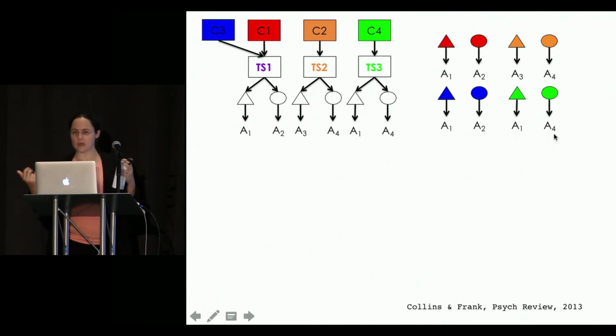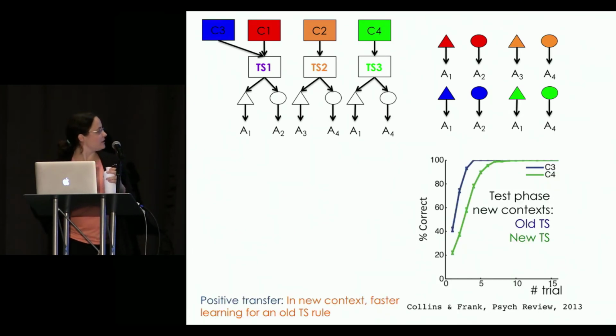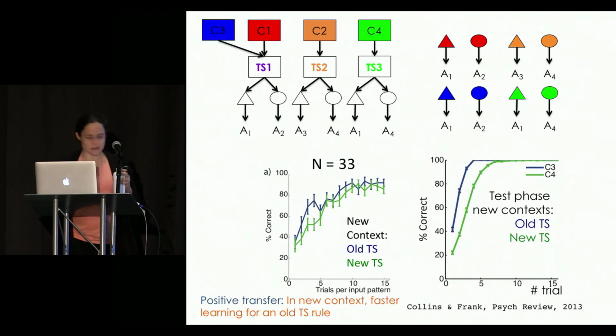So using a CRP-like approximate model, again, we can make the prediction that learning in the test phase should be better for those contexts that correspond to old task sets, not new task sets, if participants cluster-represent this task this way. We found that significantly. It's a small effect, but it's been replicated many times now.